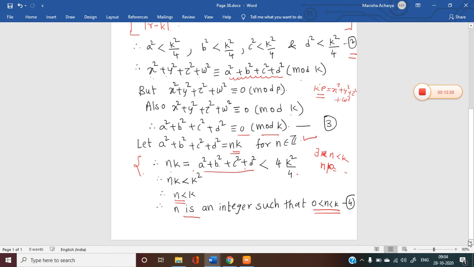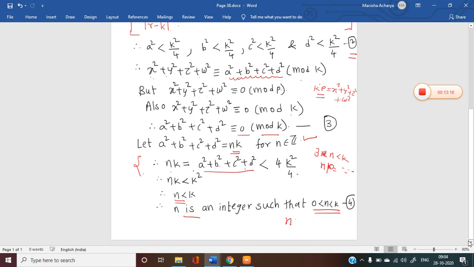So now our job is to show that np is also equal to a sum of 4 squares, and then we are at a contradiction, because we have already got the number n which is smaller than k.